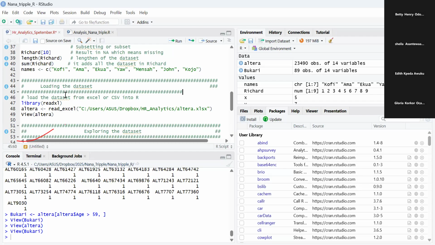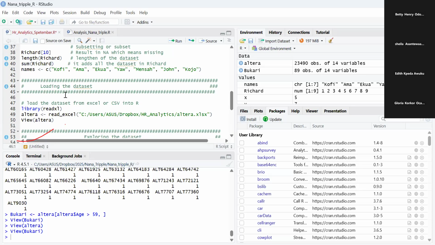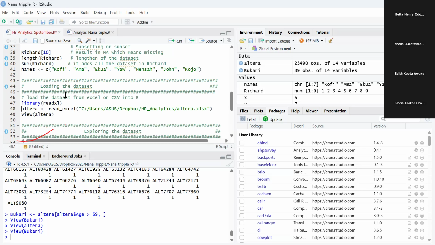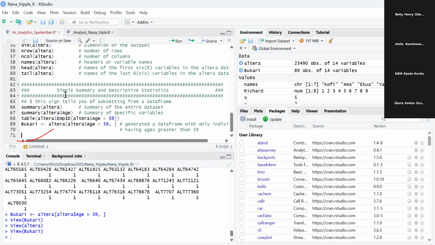Forget about the first one. You can start from loading the data and then it moves. Here, it's just about 7 lines or 8 lines.